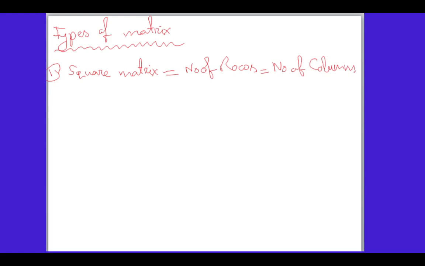Suppose A is a matrix 1, 2, 3, 4. Here the number of rows is 2 and the number of columns is 2. So this is a 2 by 2 matrix, called a square matrix.